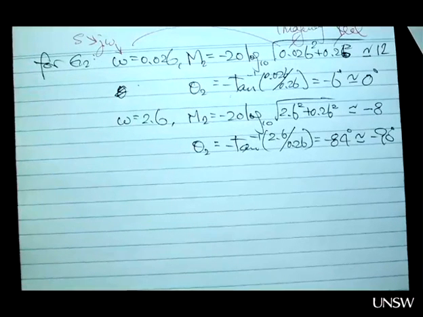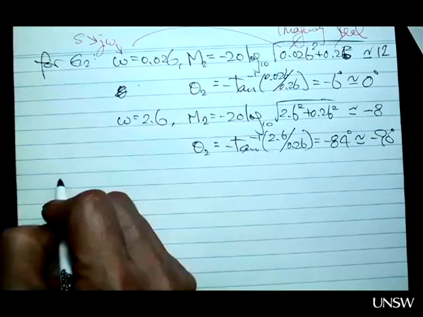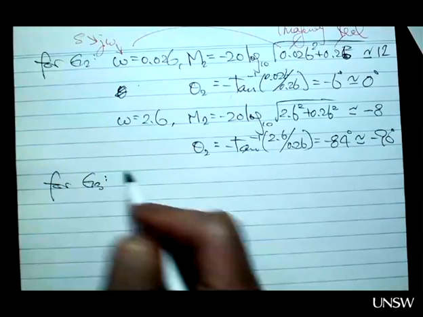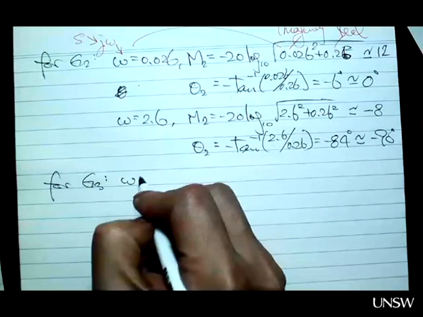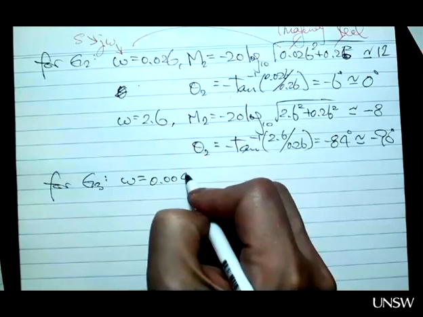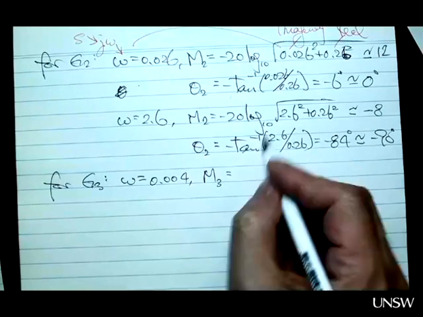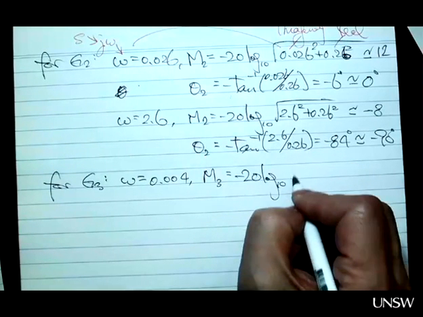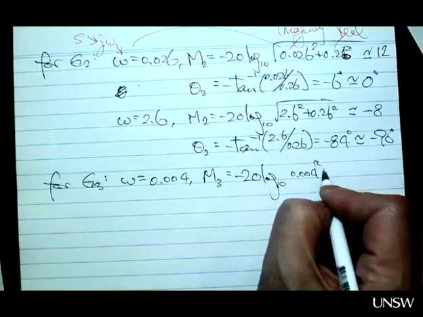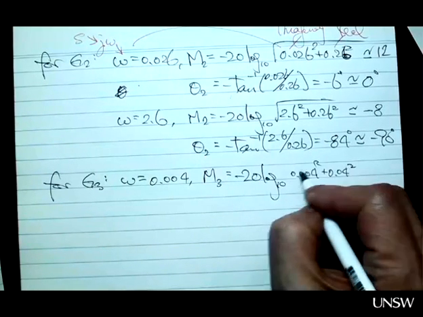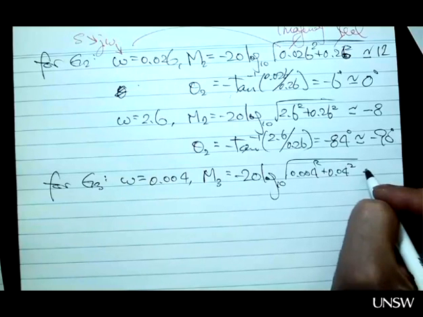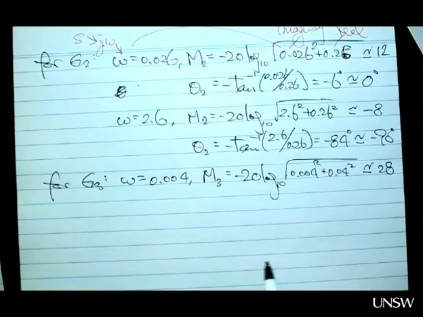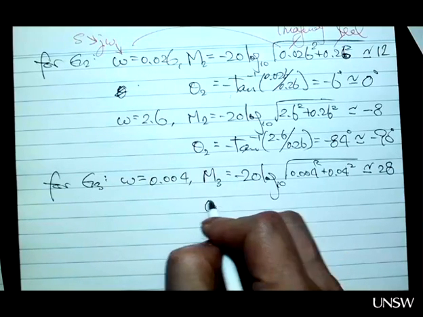Okay, and then for the other term, for this term, we test another two sets of frequencies. It is 0.004. Then the magnitude is the square root of 0.004 squared plus 0.04 squared. So it is approximately 28. And for the angle, we approximate as 0.